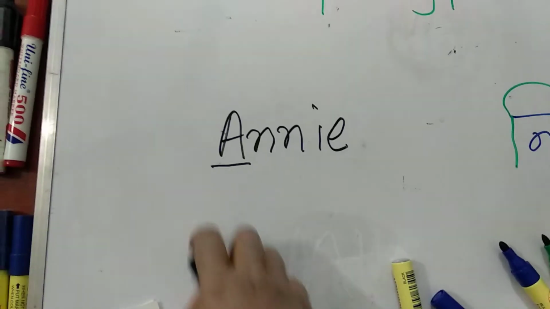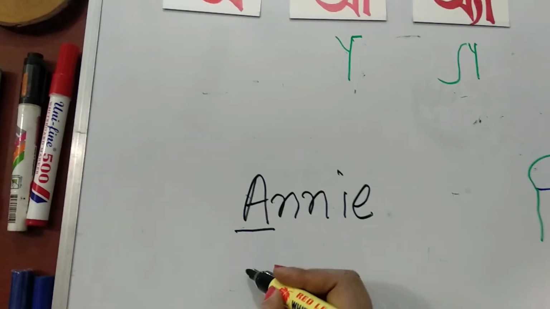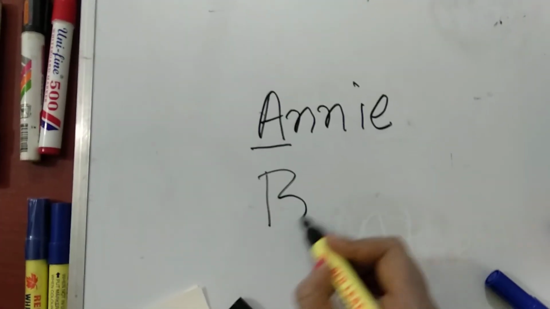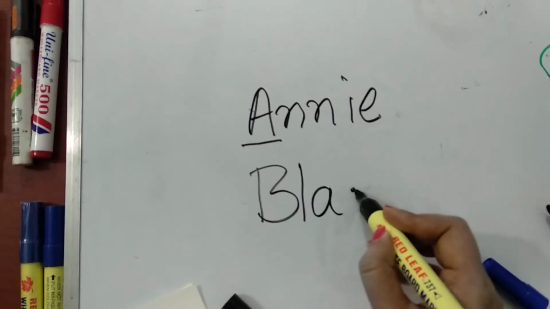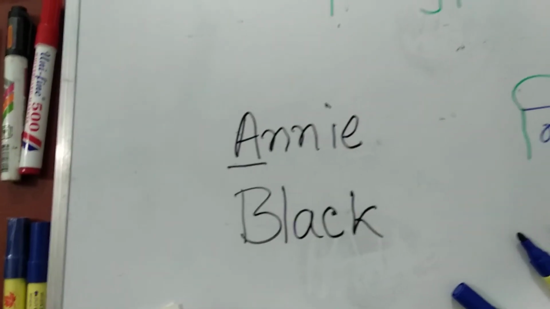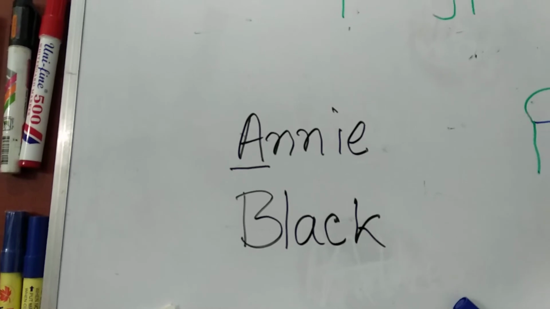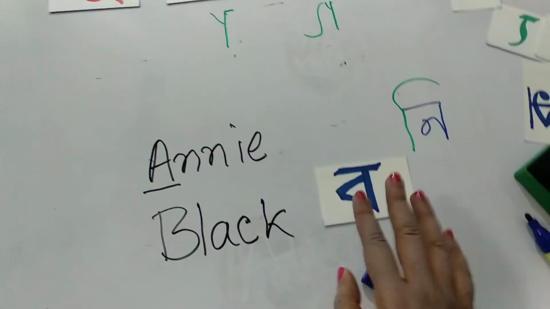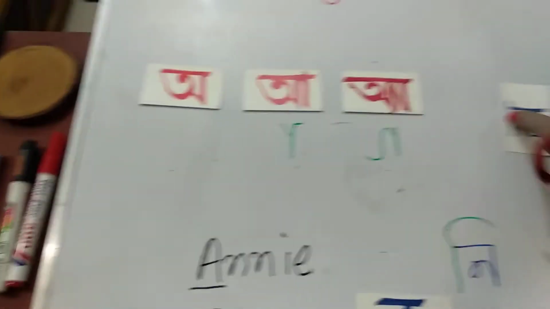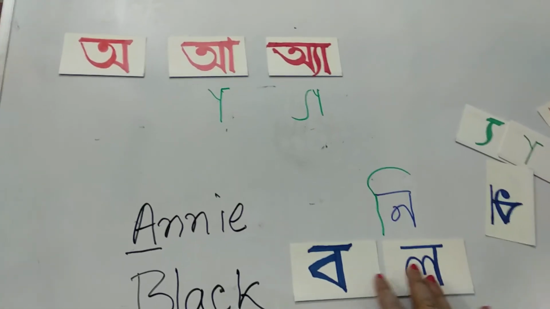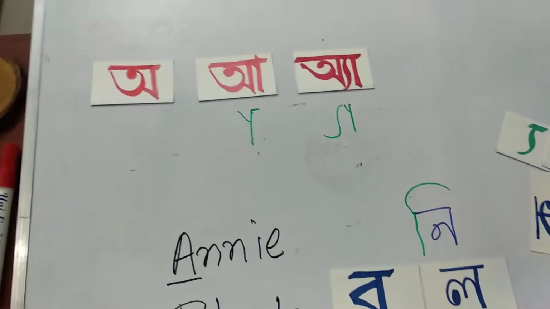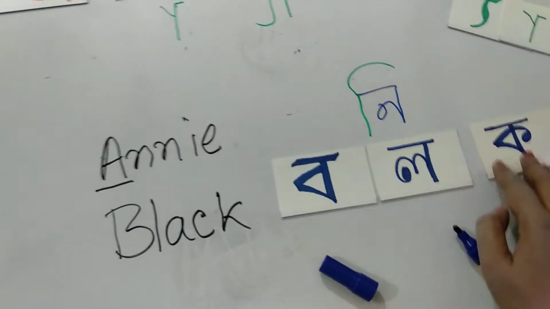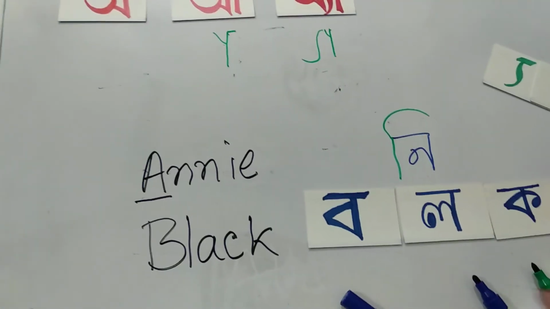Now let's use this sign for making a word. Let's take another English word. What can be that word? Black, right? Okay. Black. Now to write black, what do we need? Bo, then law, and then ko, right?